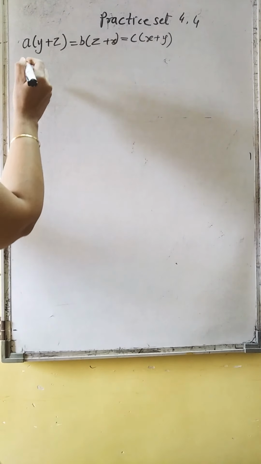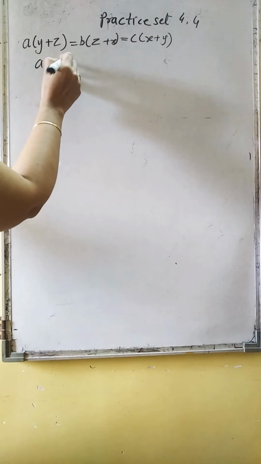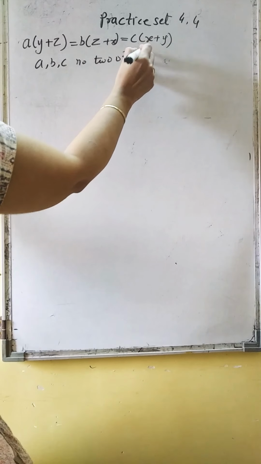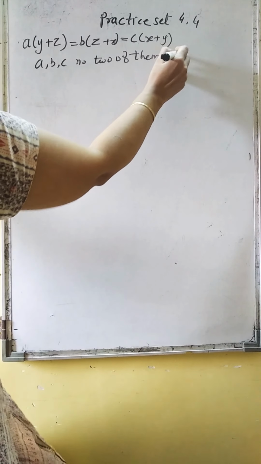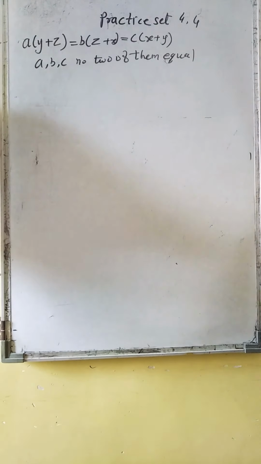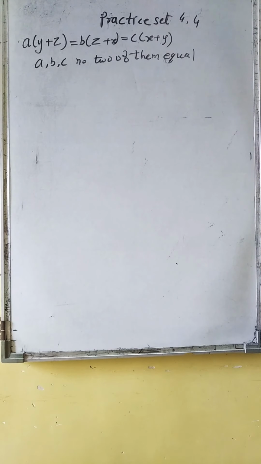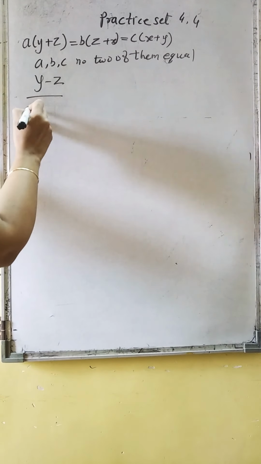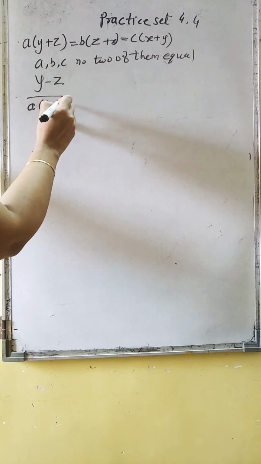And what is given? a, b, c, no two of them equal. We are going to understand what they wanted to convey to us. Moreover, we are going to see the question also, because according to the question we are going to start the method.